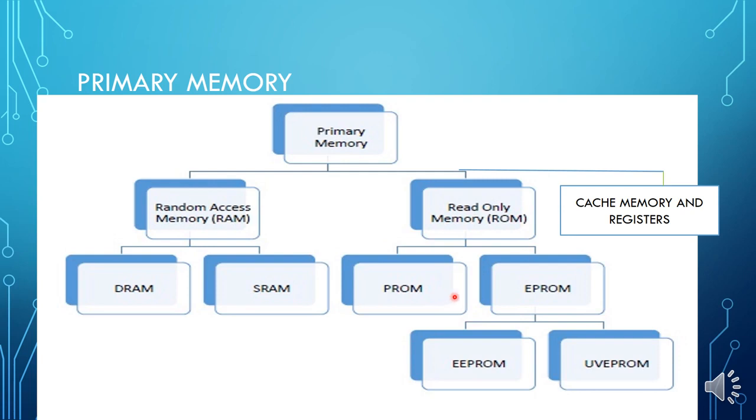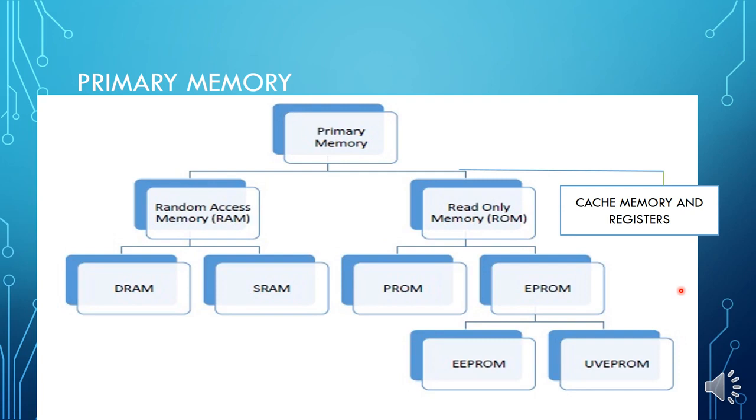Next is EPROM, that is erasable programmable read-only memory. An EPROM chip can be programmed time and again by erasing the information stored earlier in it. Since EPROM is a ROM that we can erase, we can program it again and again.